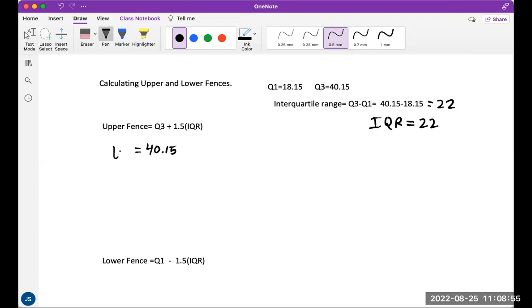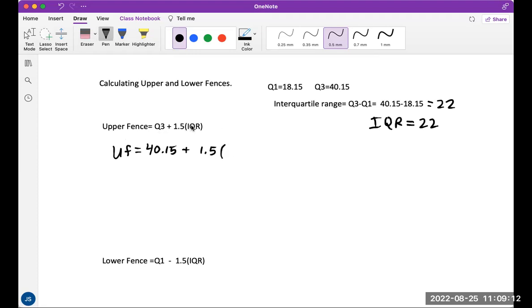And I'm going to use UF for the upper fence. Upper fence will equal the third quartile, which is 40.15, plus 1.5 times the interquartile range.